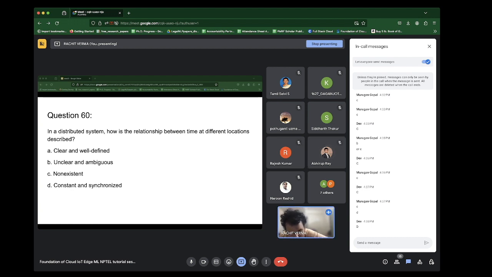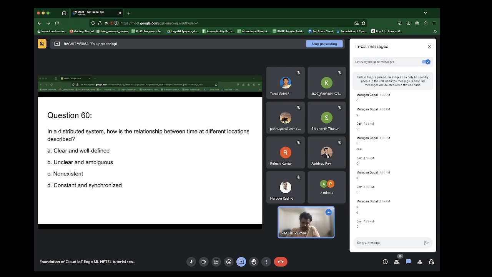Okay. Any other responses? Are there any other responses? Okay. Fine. So there's a confusion between B and D. If let's say you have two different clocks on two different processes, if there are different locations, say they're on different devices, both of them will have their own clocks.